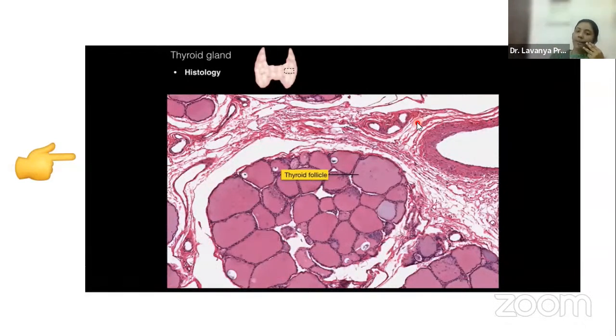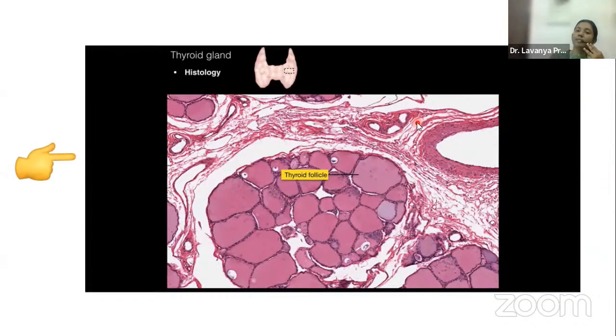At the other end, when the cell is very active, in the active stage of production of its own hormone, the lining epithelium is columnar. It looks taller and bigger. Then the other type, where you have a minimal amount of colloid, is in a resting or intermediate stage.